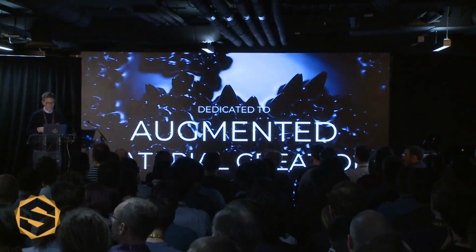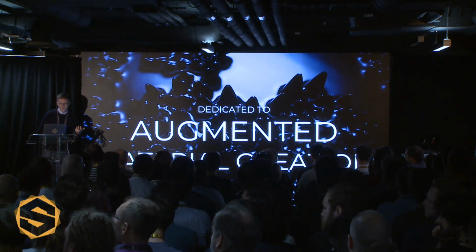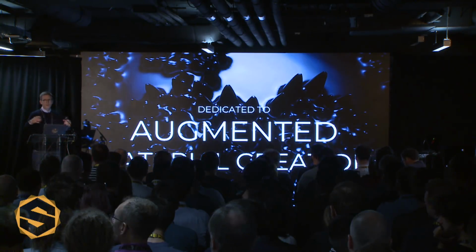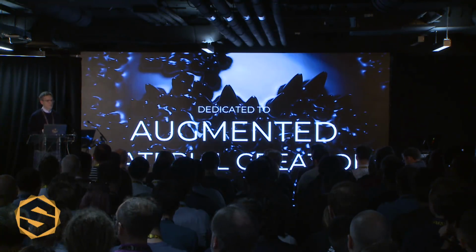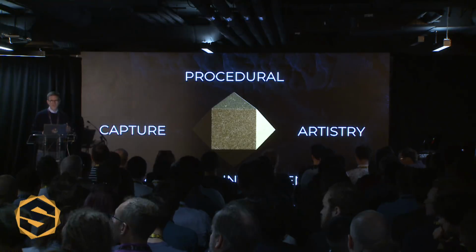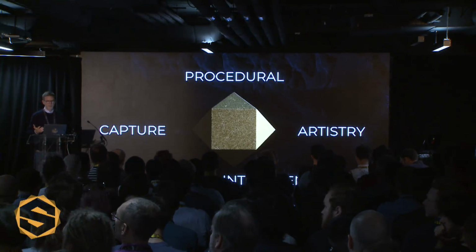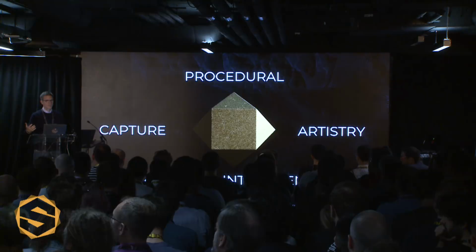So first, as a reminder, it's a tool dedicated to augmented material creation. Augmented material creation means everything you can think of that helps the artist, but does not replace the artist. It's augmented in the sense that we can use a mix of techniques: procedural techniques, obviously, and capture-based techniques, where you can capture the materials instead of coming up with a material from scratch.